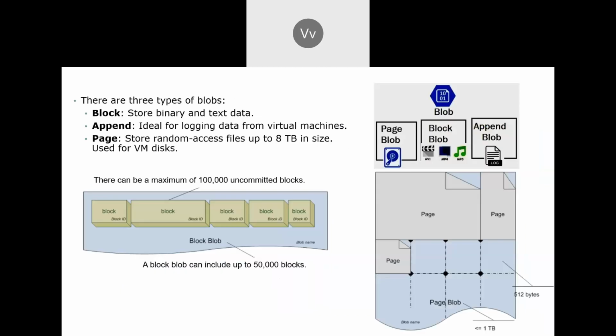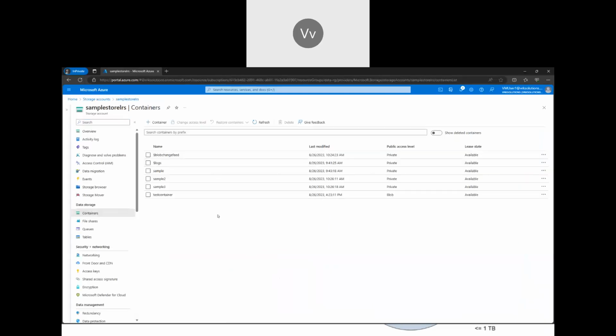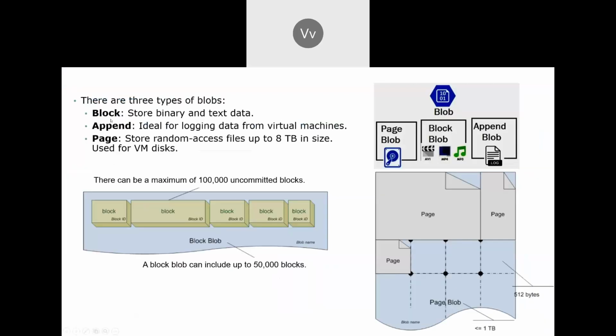Now I'm getting into the container section of a storage account. When you're storing data, what type of data can you store? There are three types of blobs you can store. One is block blob, one is append blob, and one is page blob.